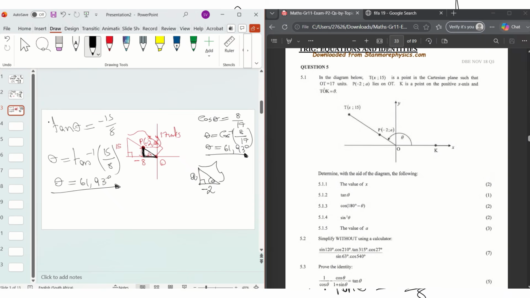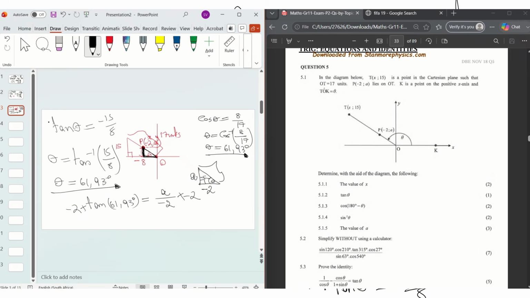So we can use this theta now to determine our A. We have A, which is the opposite on theta, and -2 is adjacent to theta. So we can use tan again. So we can say tan 61.93 degrees is equal to the opposite divided by adjacent. So you just cross multiply by -2 on both sides.